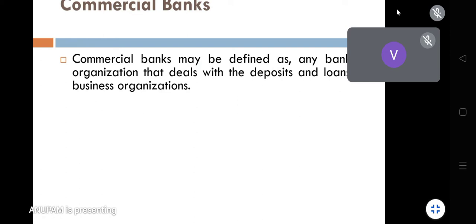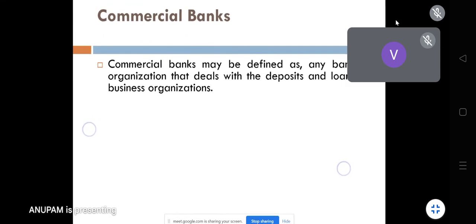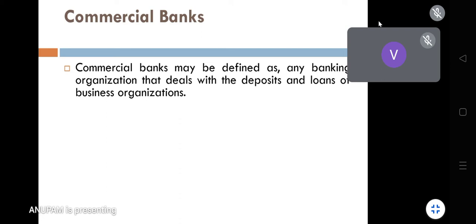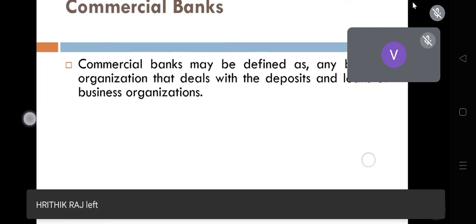Okay, so as I said earlier, we will concentrate more on the commercial banks. So we have seen that there are different types of commercial banks. So as you can see, the commercial banks may be defined as any bank or organization that deals with the deposits and loans of business organizations.